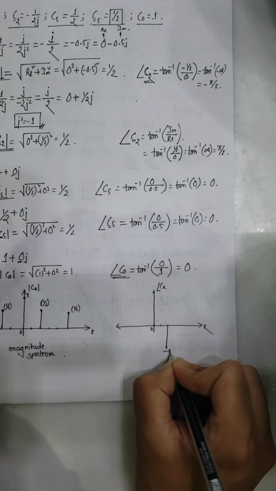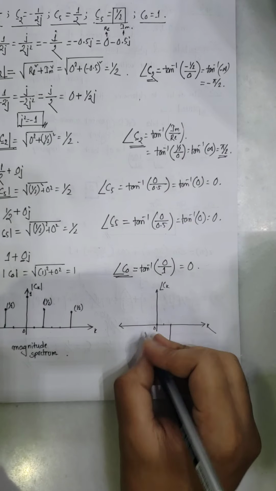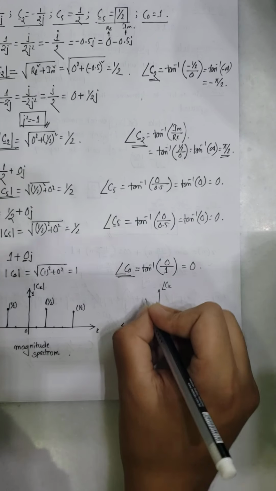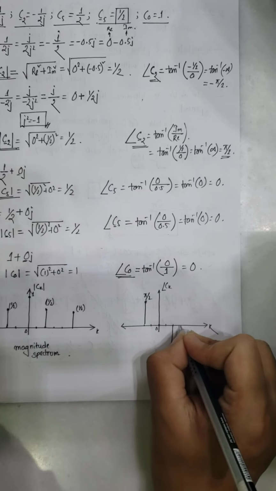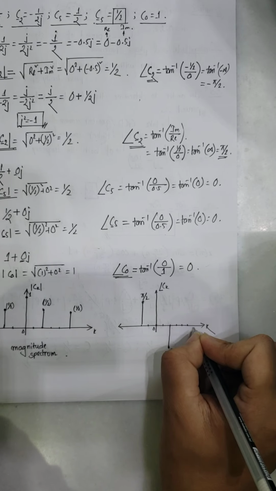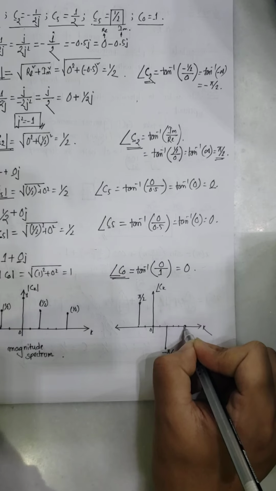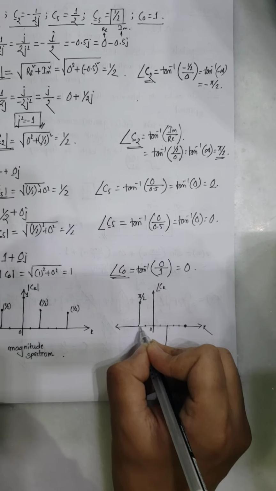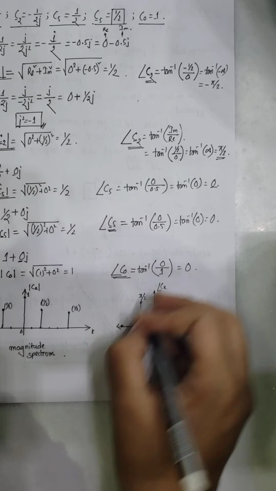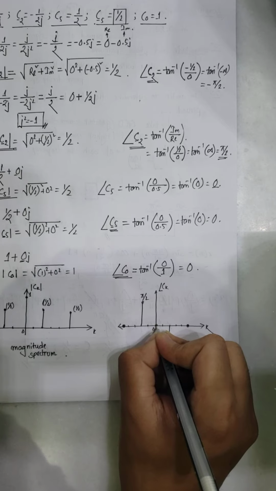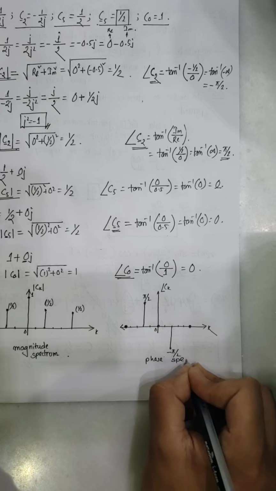At negative 2, it is positive pi by 2. Then 3, 4, 5. At positive 5, it is equal to 0. At negative 5, which is this value, it is also equal to 0. So this is the required phase spectrum.